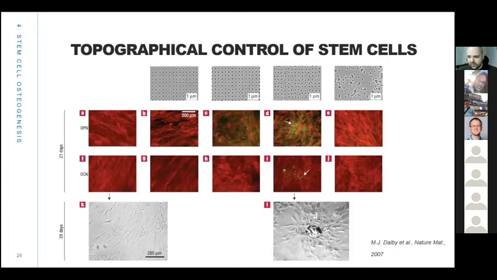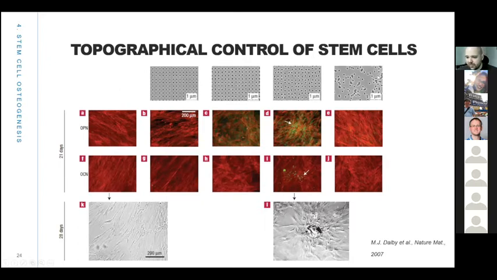So just going back a little bit to 2007, our collaborators at Glasgow produced this paper where they grew stem cells on topographies of nanoscale size, and they found a very interesting result that if you take a square ordered array of nanopits and slightly offset the nanopits by around 20 or 50 nanometers, in a random fashion, then the cells respond differently depending on the level of disorder.